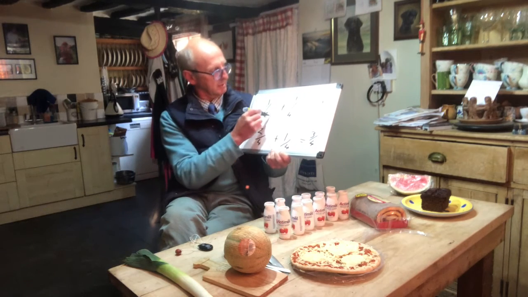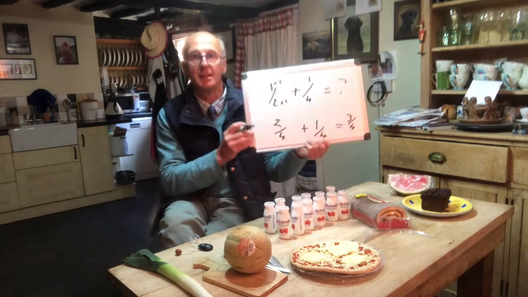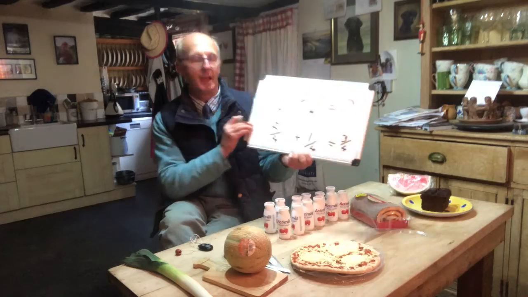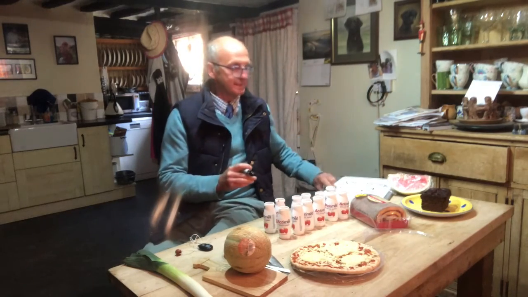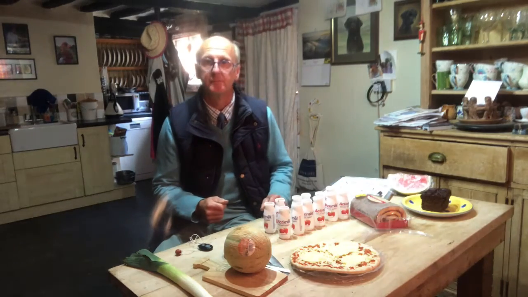So we've times that by 2 and that by 2 to get the answer. And there we go. Now then, it's exactly the same, not only with addition, but also subtraction.